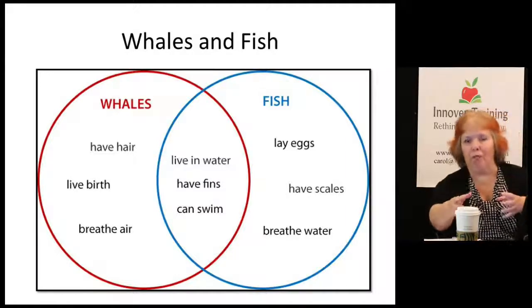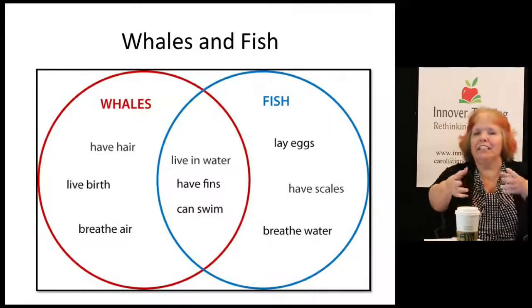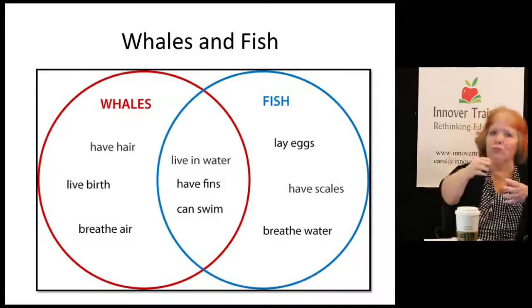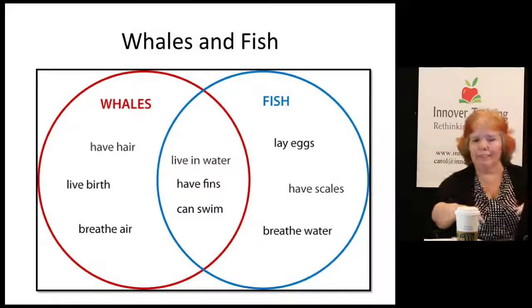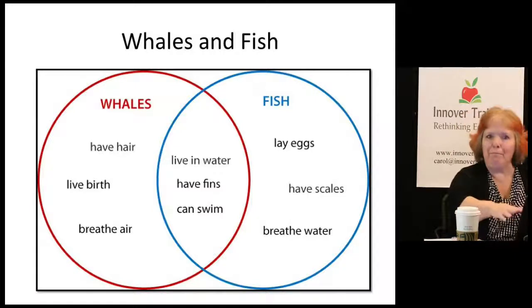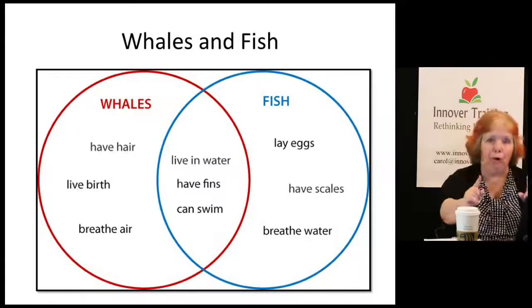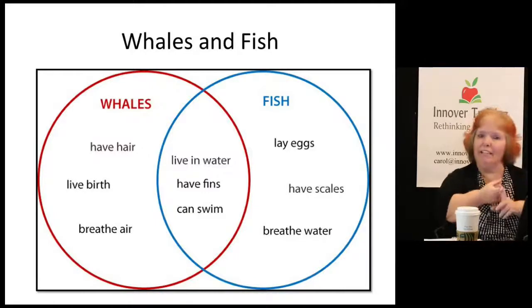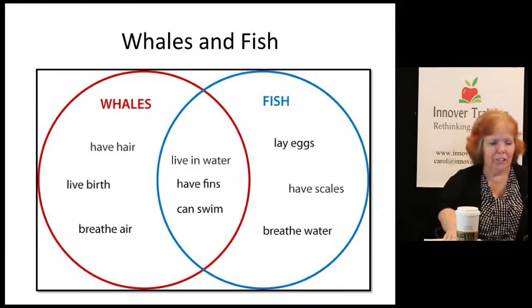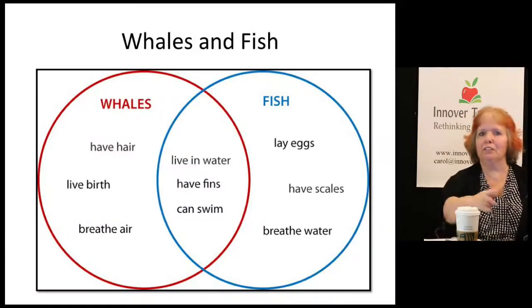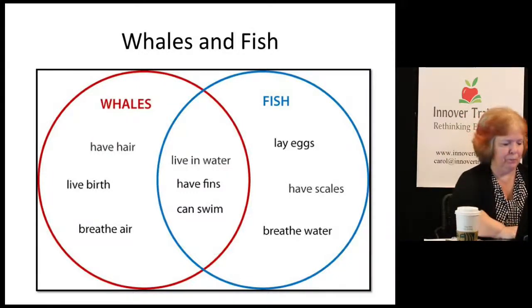They don't breathe water, but they're able to extract the oxygen from the water through their gills. That's what they mean by breathe water. So, in the middle, where they both have in common, they live in water, they have fins, and they can swim. So that's how this Venn diagram is used in this case.